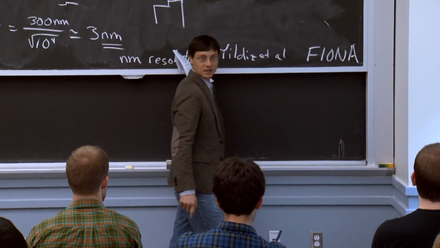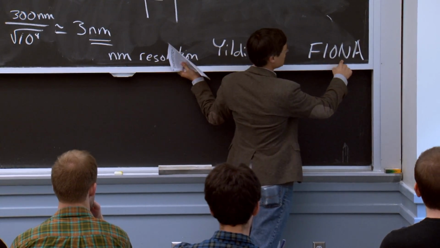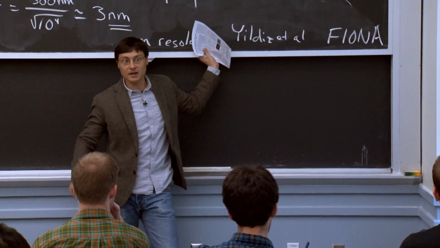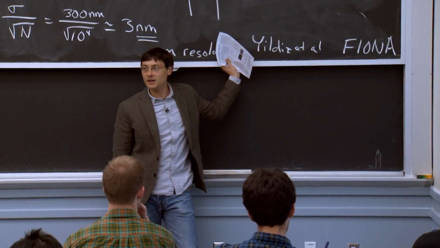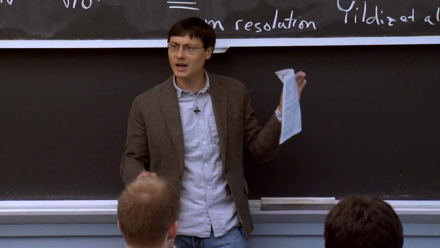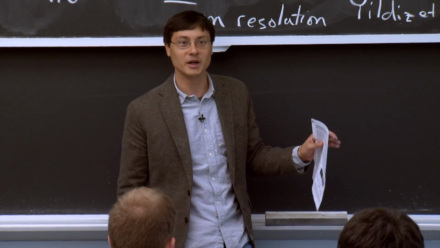So Fiona stands for fluorescent imaging with 1 nanometer accuracy. And then indeed, a group at UCSF developed Shrek, which is simultaneous high-resolution imaging something. I can't remember how it ended, but yeah.